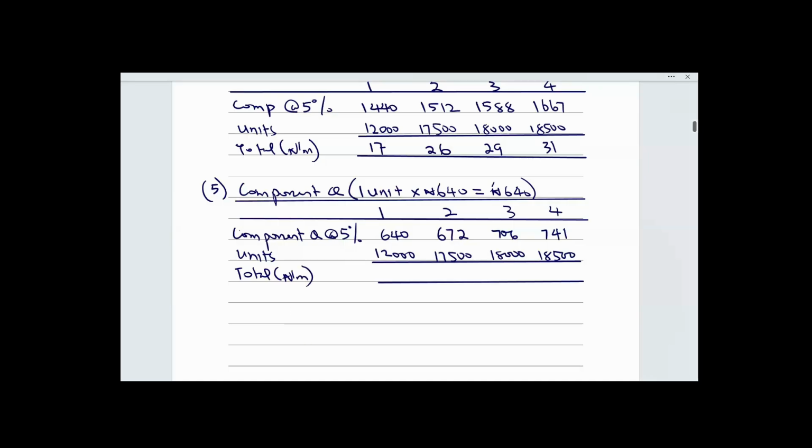640. Okay. 7.68, so you do 8. 7.7, that's 8. Next one, 672 multiplied by 17,500.